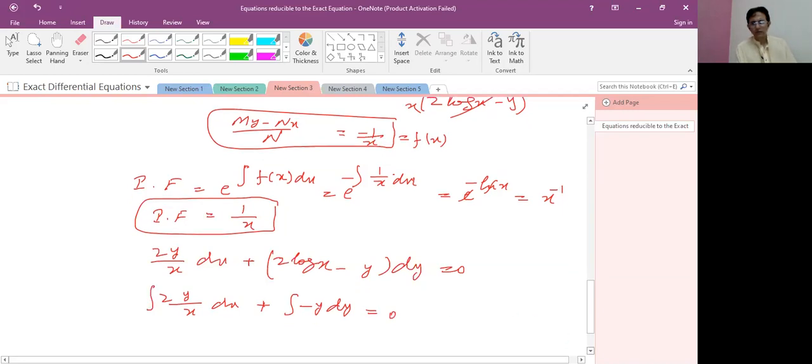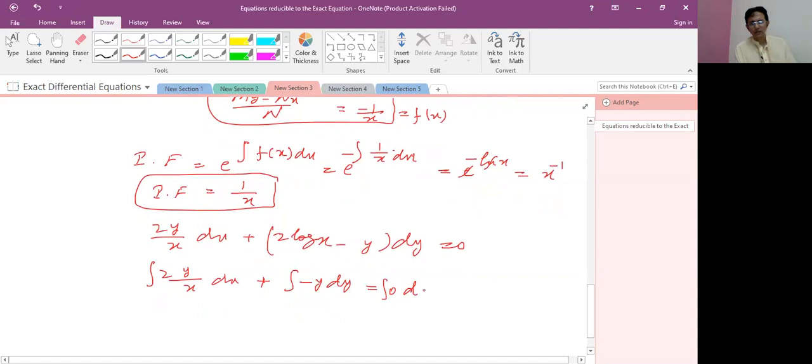The integral of 0 into dx is a constant. So dx upon x is log of x. So student, the integral is log of x because we are keeping y constant.